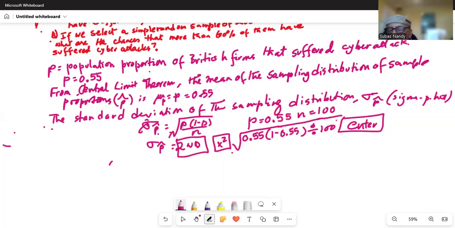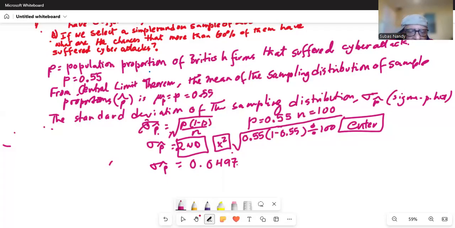And the answer is 0.0497. So let me write it over here. Sigma p hat is 0.0497. Four places is good.